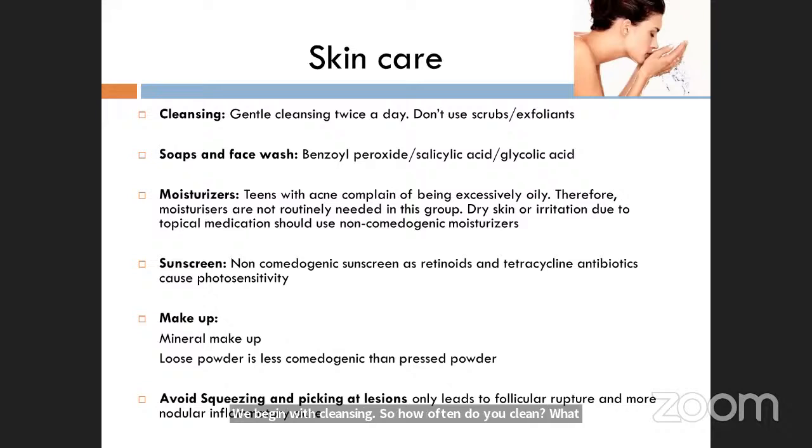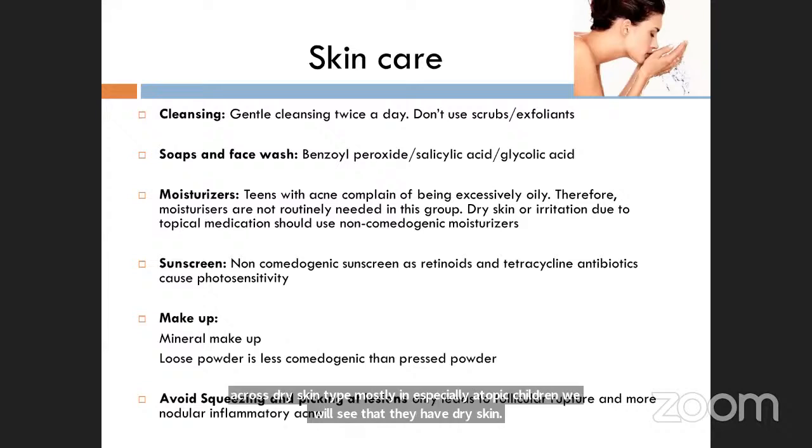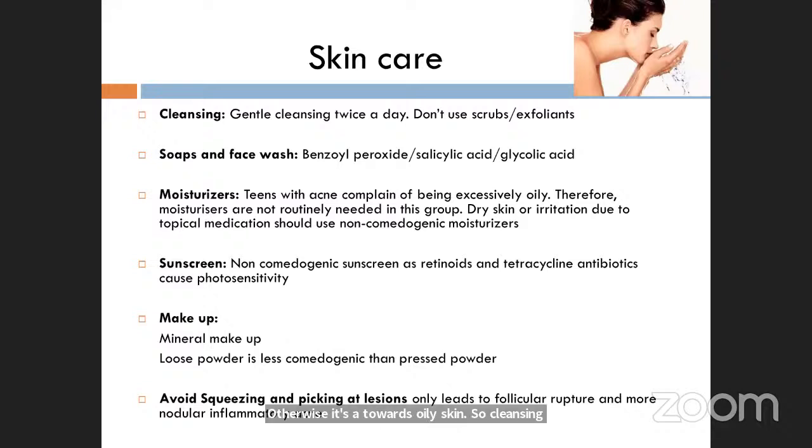Mostly the skin of children is oily. Teenage skin is oily skin. Very rarely we come across dry skin type. Especially in atopic children, we will see that they have dry skin. Otherwise, it's towards oily skin. So the cleansing routine is basically dependent on the kind of skin the child has.